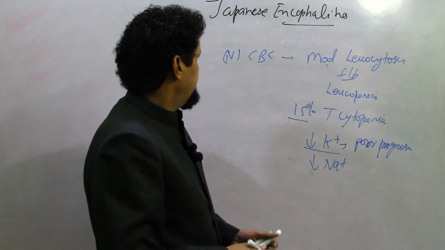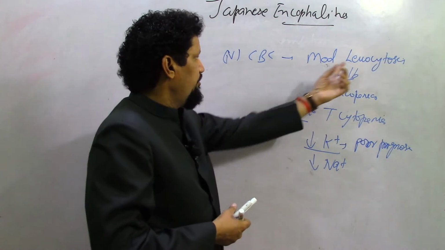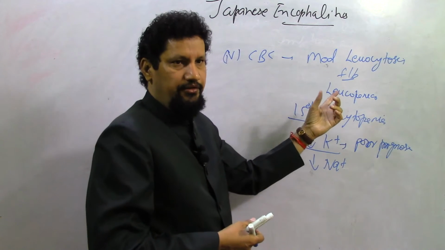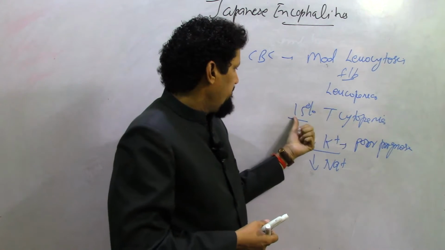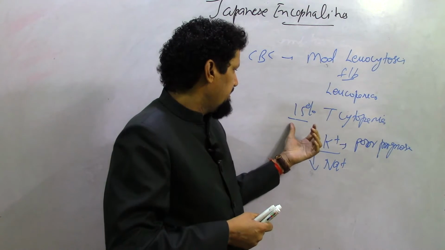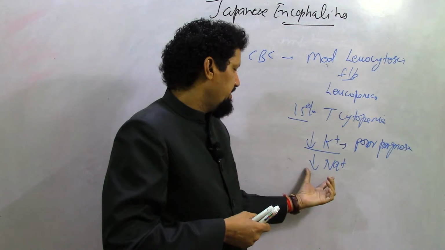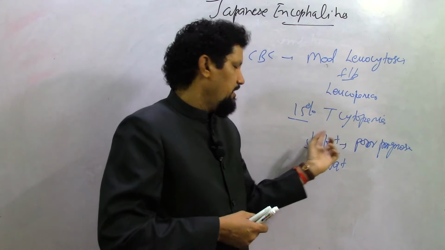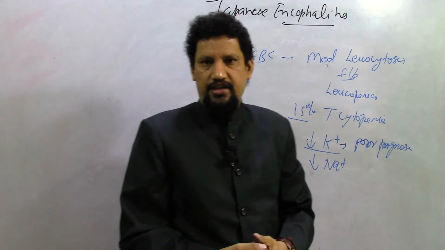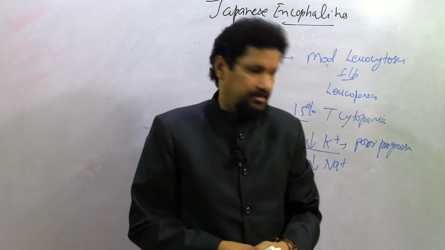So the CBC is having a picture of moderate leukocytosis initially, followed by relative leukopenia. 15% of the patients of Japanese encephalitis are having thrombocytopenia, decreased potassium and decreased sodium concentration. The below normal concentration of the potassium is having very poor prognosis.